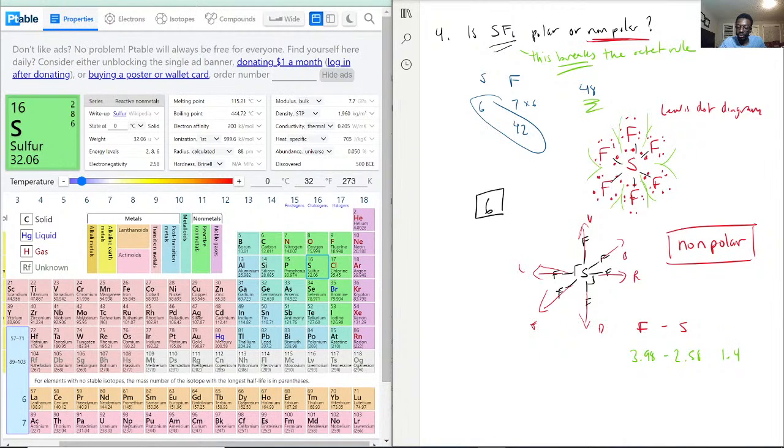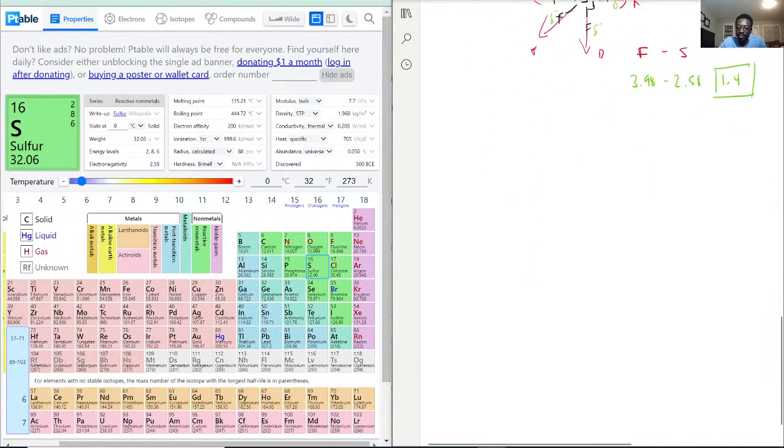Okay, and if there's a question that actually asked for this, I'll explain it in further detail, but that falls in the range of what is considered a polar bond. So yes, all these bonds are polar, and they do have a negative electronegativity going out, and the sulfur is a positive one. But because they're all pointing in equal and opposite directions, that's why it's a non-polar molecule.